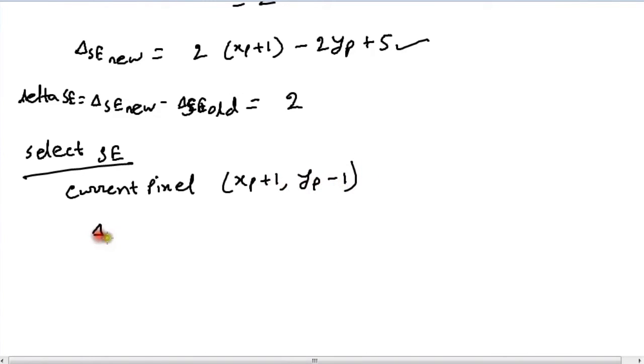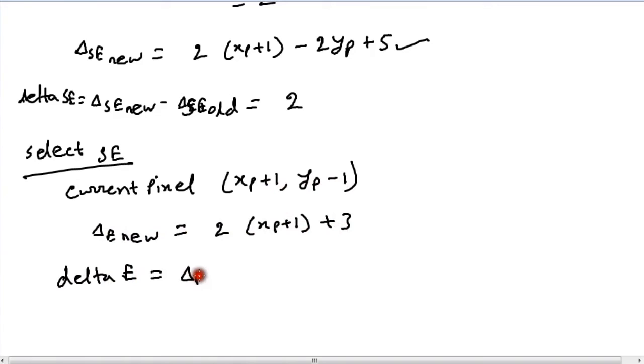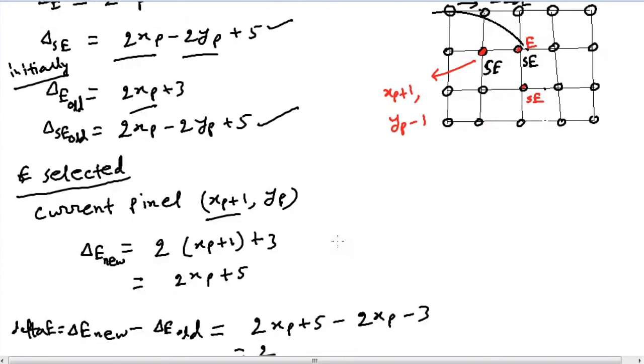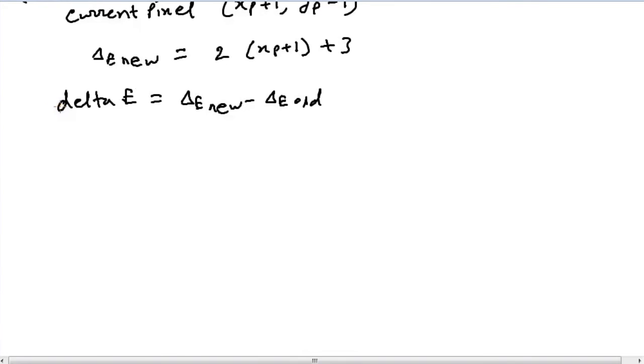Then our del E new will become 2 into XP plus 1, plus 3. Again, our delta E, which is del E new minus del E old, where del E old is still the same as before we chose either pixel, would give us, once again, 2.